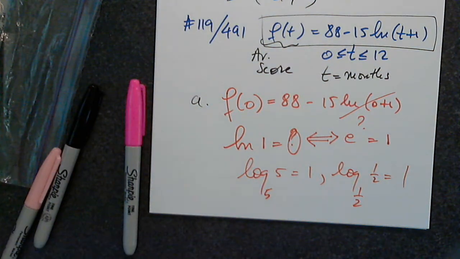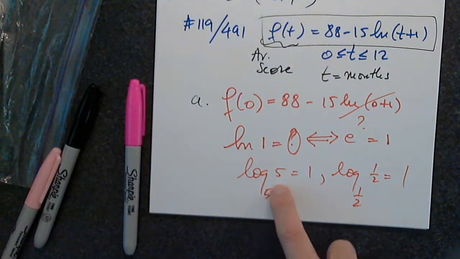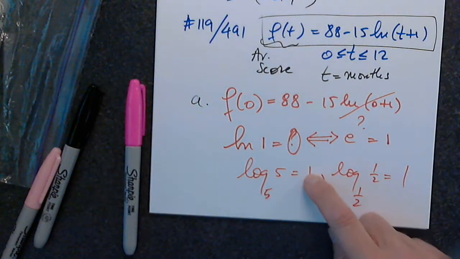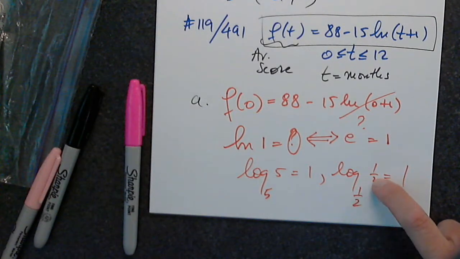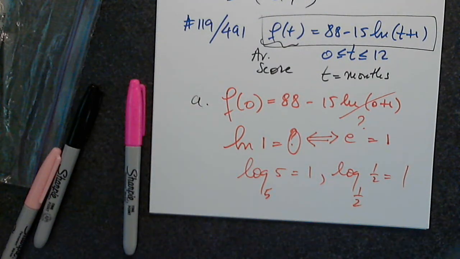So in conclusion, we didn't finish anything yet, but here in the conclusion, we say log in any base of the base is 1. Log in any base applied to the base is 1.